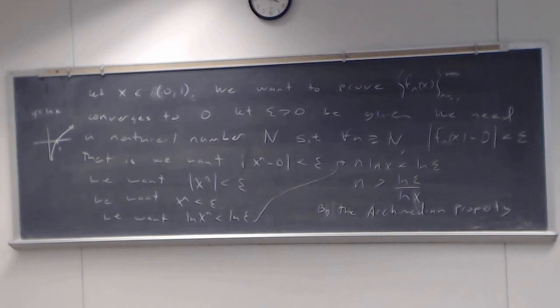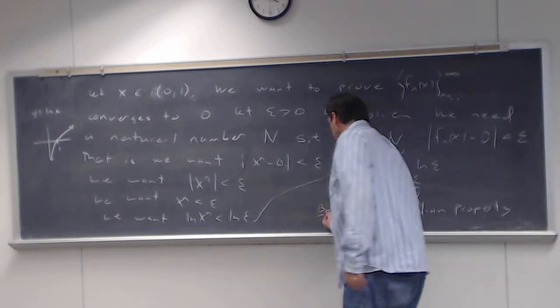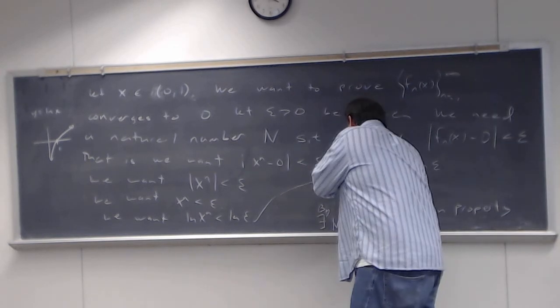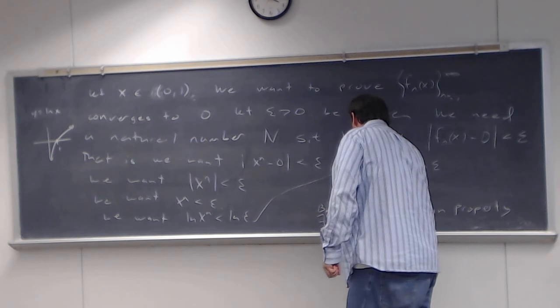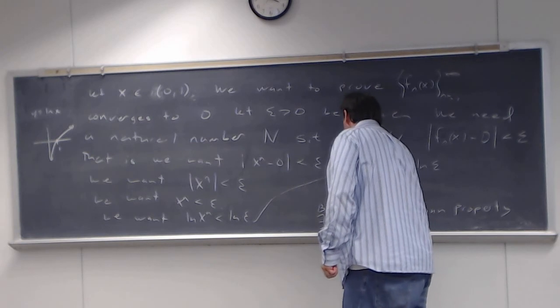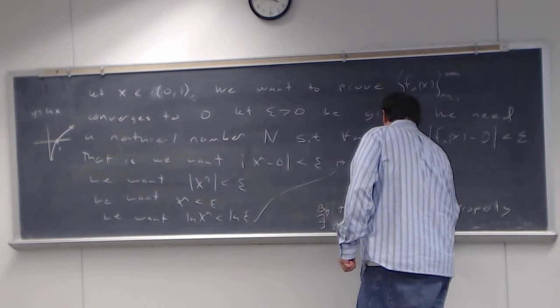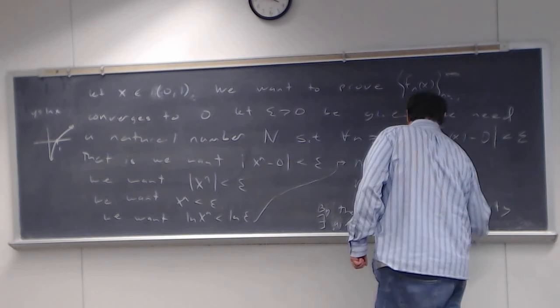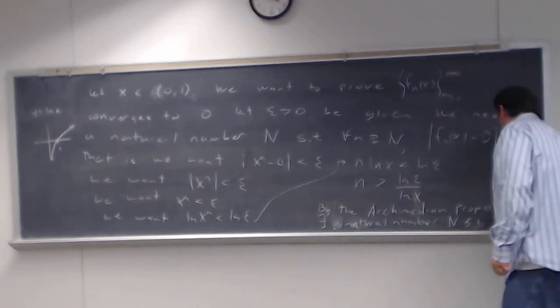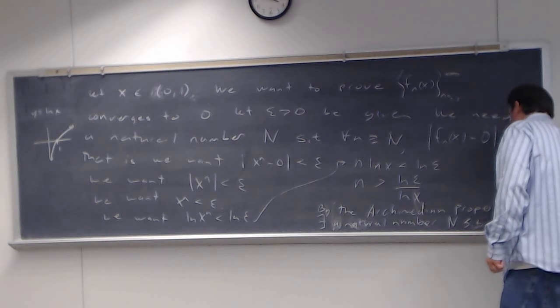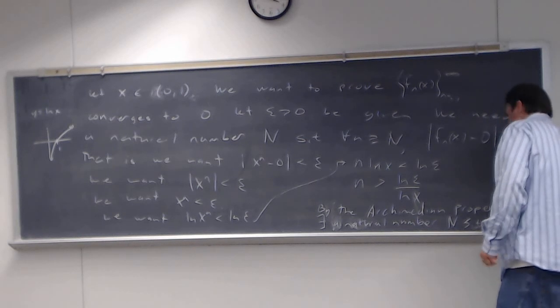They're going forever beyond anything. There exists an n, there exists a natural number, big N, such that big N is bigger than this ln of epsilon over ln of x.